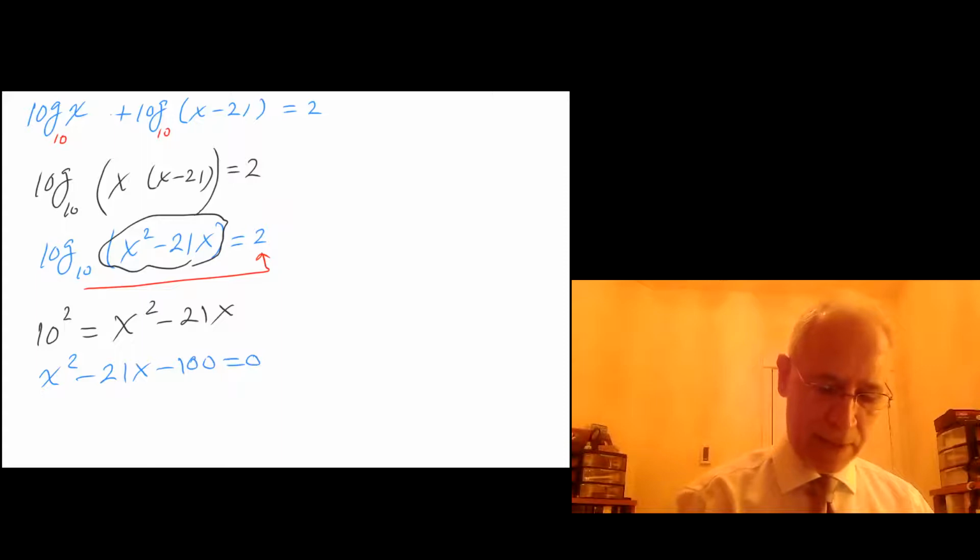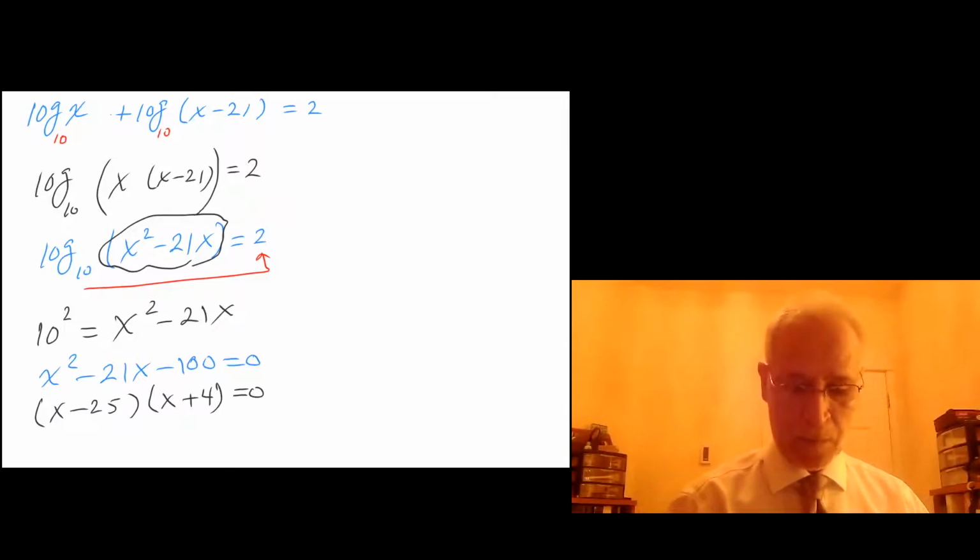And I can factor this to x minus 25, x plus 4 equals 0. And using zero product property, I would get x equals 25 and x equals -4.